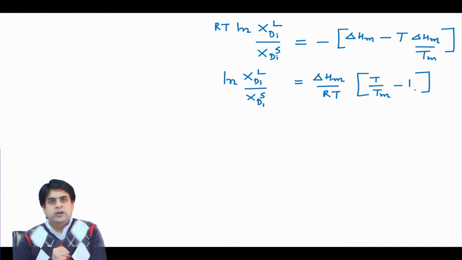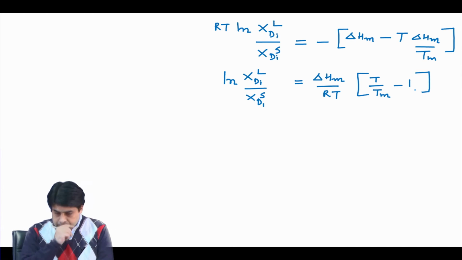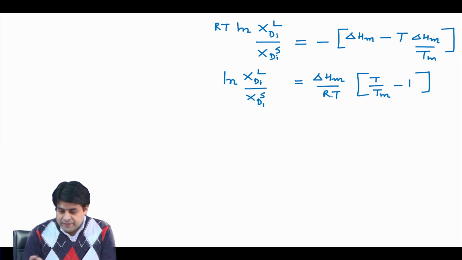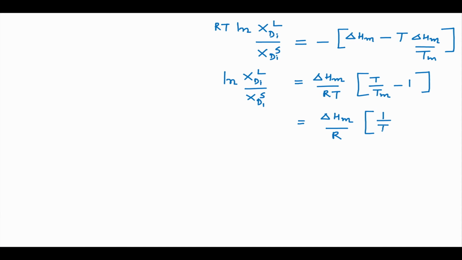I hope up to this point everything is clear. Okay. Now, if we put a T inside this, so your delta H m by R, we basically put T inside this bracket. So, this T will be cancelled by this T. So, you will have a 1 by T m minus 1 by T. Okay. So, this is your equation. So, your final equation will be x diopside in liquid divided by x diopside in solid.